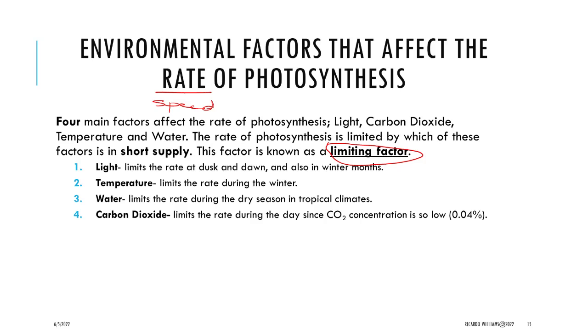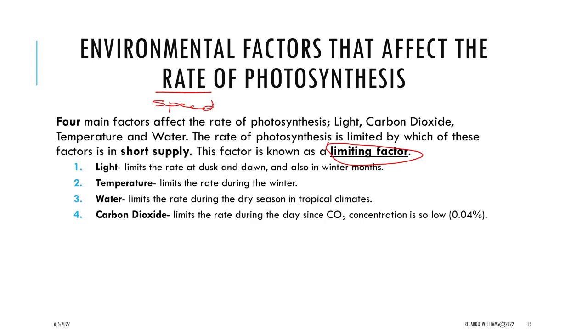Now, how do you measure the speed? You look at the product that is being formed. If you have a reaction occurring, how you know that reaction is occurring is what is being produced from the reaction. So if we want to know if photosynthesis is occurring in a plant, we test for starch in the leaf. If you test the leaf for starch and you see no starch, then it means that the plant is not photosynthesizing.